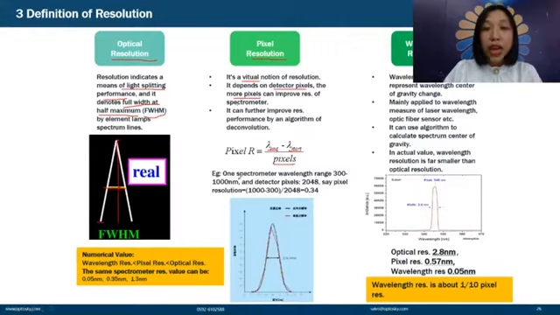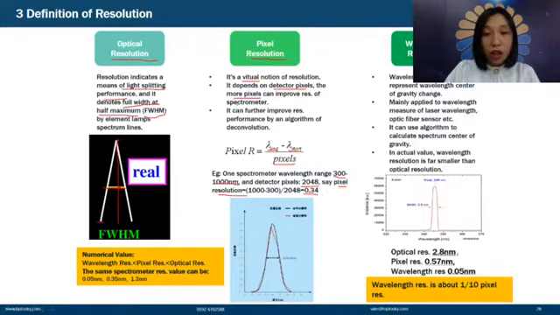So if we have a spectrometer ranging from 300 to 1000 nanometers, and the detector has 2048 pixels, the pixel resolution is only 0.34.